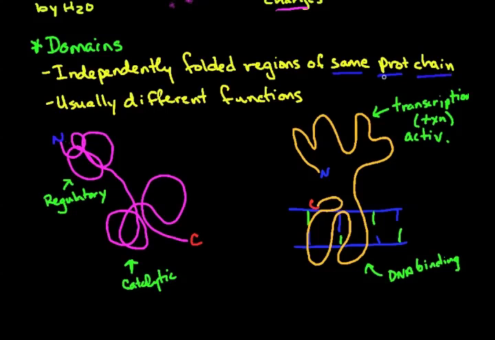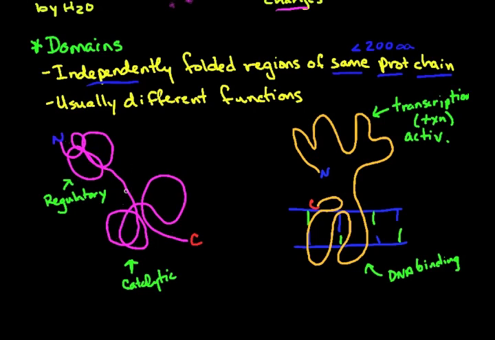That's very important. When you have a protein that is greater than, say, about 200 amino acids, you begin to be able to form these domains. That is where part of the protein chain folds independently of the other part, and you end up with two areas that are joined to each other in sequence, but separate as far as their folding goes.